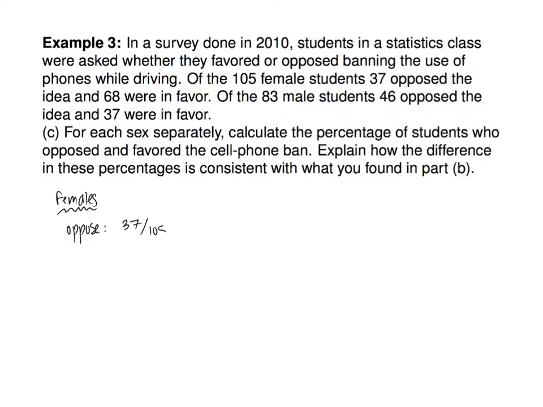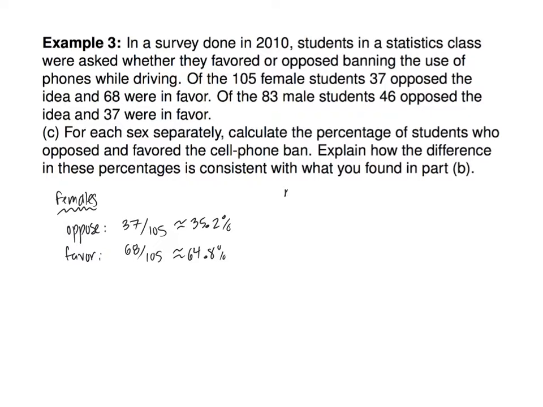An out of 105, which somebody figured out was about 35.2%, right? Okay. And so in favor, there were 68 out of 105. I wrote 150 when I was supposed to write 105, sorry. So 68 out of 105, which is, thank you, 64.76%.